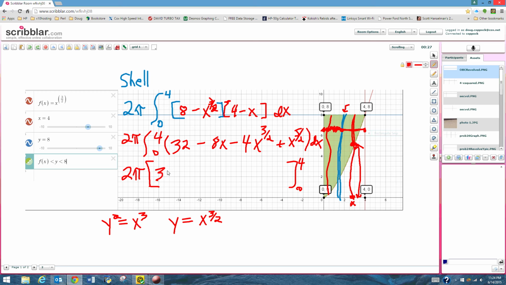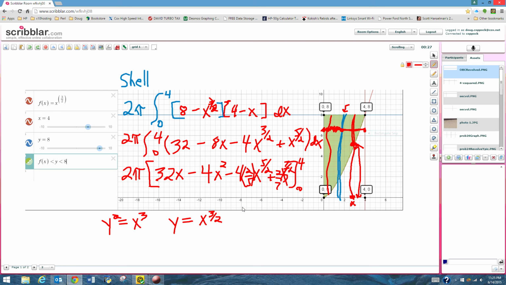And this will be 32x minus, raise the exponent by 1, divide by the new exponent, or multiply by its reciprocal. So minus 4x squared minus 4 times, raise the exponent by 1, multiply by the reciprocal of the new exponent, and running out of room here again, x to the 7/2 multiplied by 2/7.